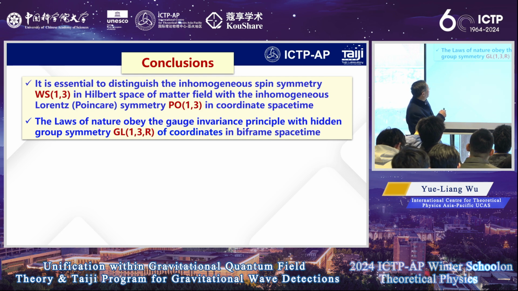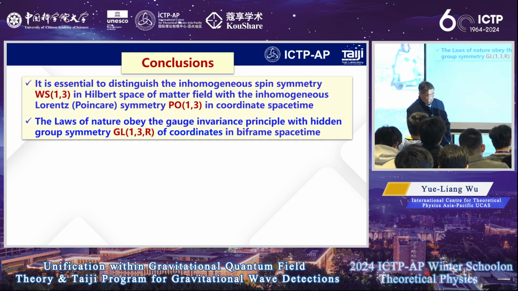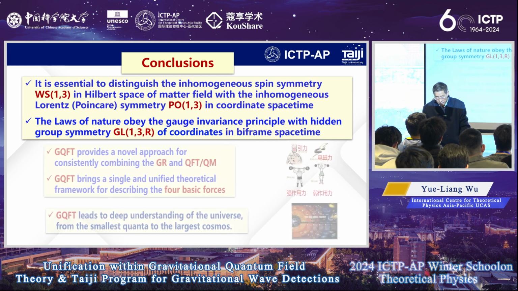Here I say it's essential to distinguish the inhomogeneous spin symmetry in the Hilbert space of the matter field, like Dirac spinors, from the inhomogeneous Lorentz or Poincare symmetry in coordinate space-time. And the laws of nature always follow the gauge invariance principle, and then we automatically have this hidden group symmetry in the biform space-time.